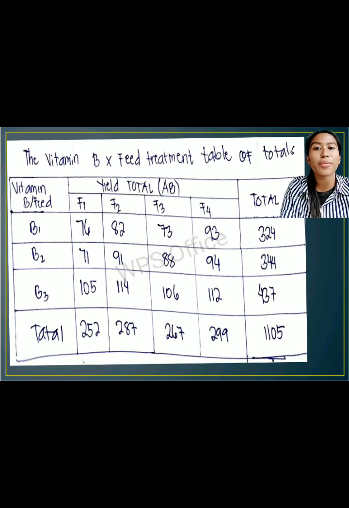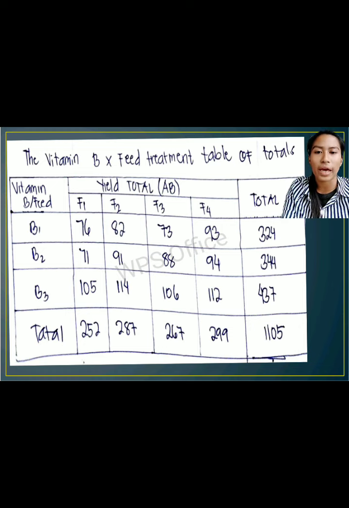The following table is the vitamin B by feed treatment table of totals. As you can see, we have 3 levels of vitamin B and 4 different feed treatments. After getting the total of each replication and subtotal, we need to add all totals in line.